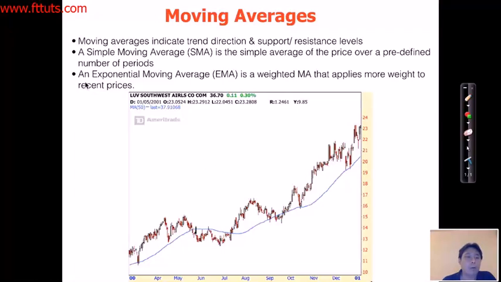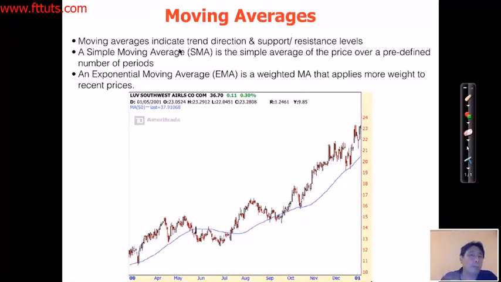Now, I also use exponential moving averages. The difference is that for an EMA, the computer doesn't take 50 days and divide it equally. All right, it places more weight on recent prices as compared to prices that were further back. Okay, it applies more weight to recent prices, so it is a weighted moving average. So people often ask, which is better?